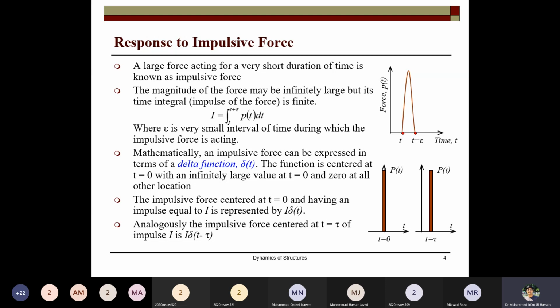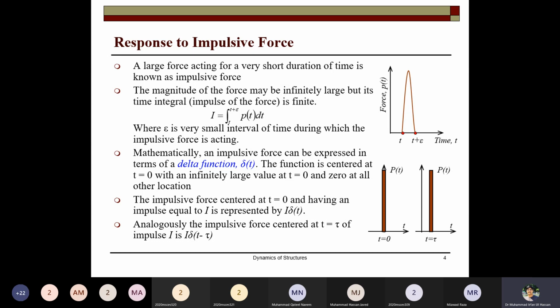So this will give you some idea of how you can see the response of the system, how you can plot the response of the system. So the magnitude of the force may be infinitely large, but its time integral, the time, is very finite.